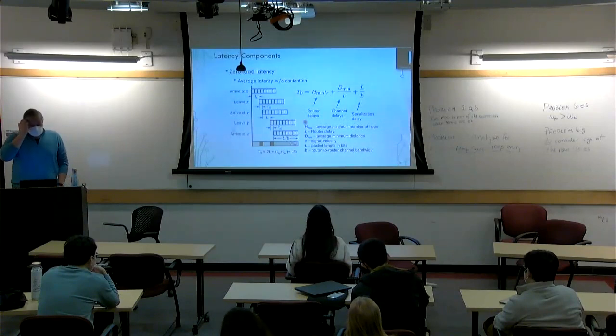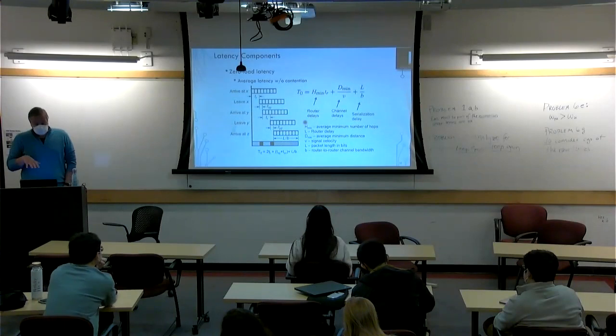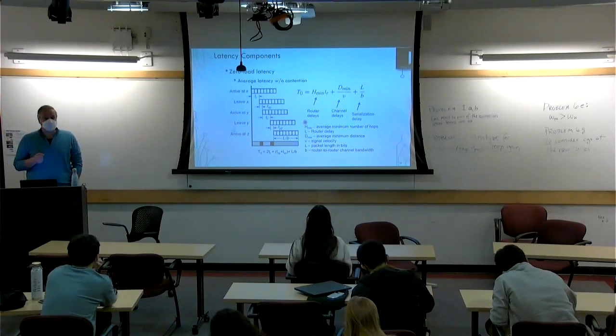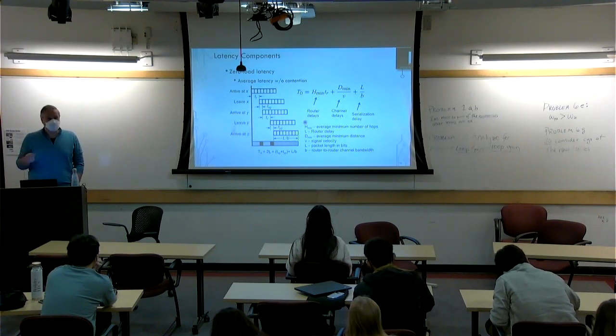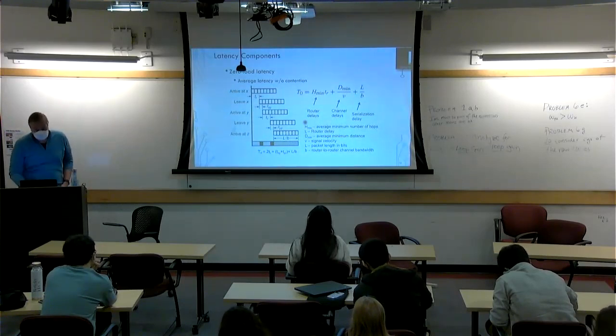So the zero load latency. The first thing we're going to look at is zero load latency. This is something an architect can estimate with pen and paper. You don't need any simulator to figure out what this number is, but it's a very useful back of the envelope number to tell you the performance of your system.